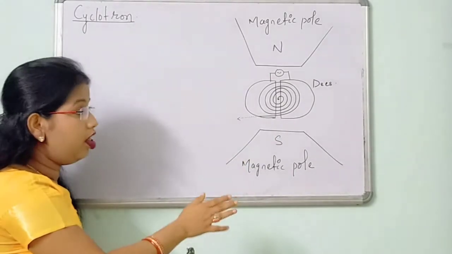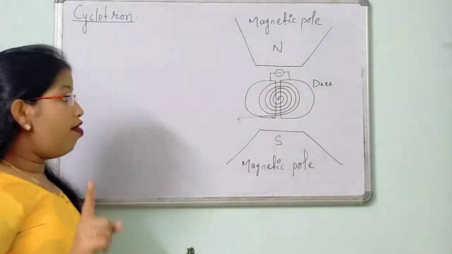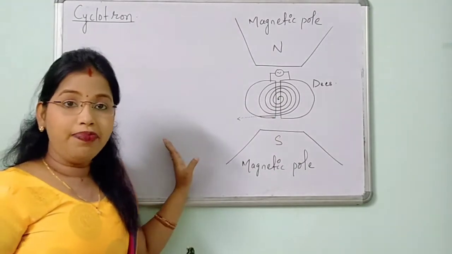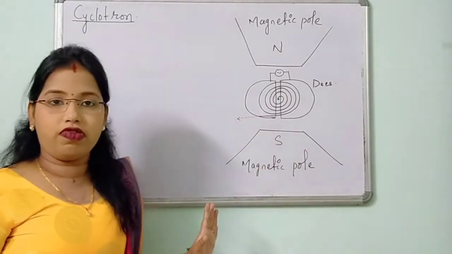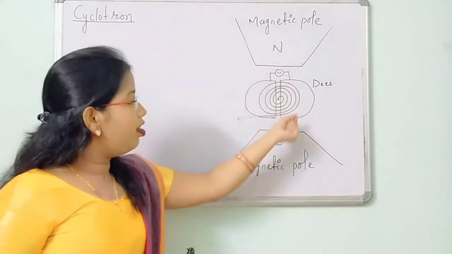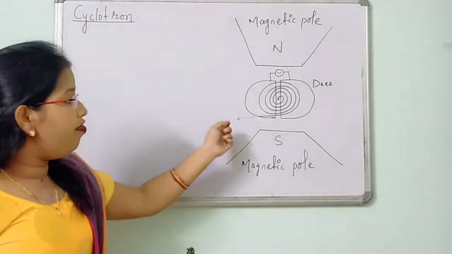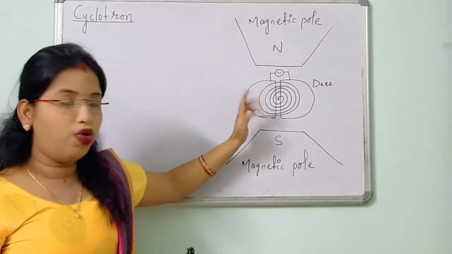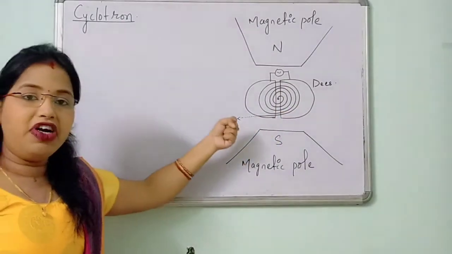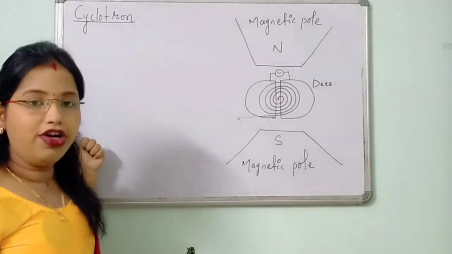In the resonance condition, the frequency of the applied alternating potential always remains the same as the frequency of the charged particle moving inside the metallic Ds. Okay? In that condition, a cyclotron works. So how long does this process continue? As long as the charged particle keeps revolving and becoming more and more energetic, until it reaches the periphery of the D. Then there is a deflecting plate, a negative plate, because we have taken a positive ion here. The negative deflecting plate attracts it and deflects it outwards of this device, and that positive ion gets bombarded on a target particle.